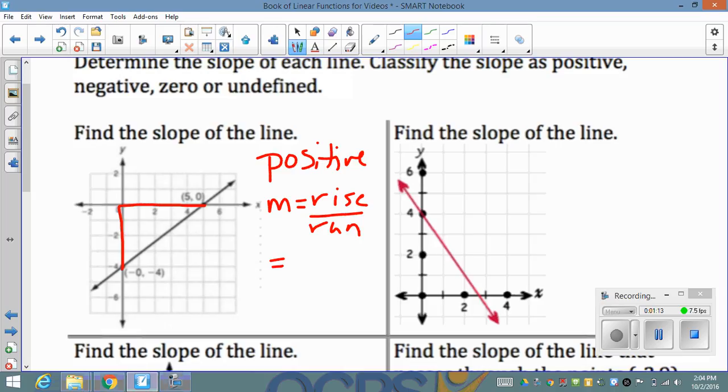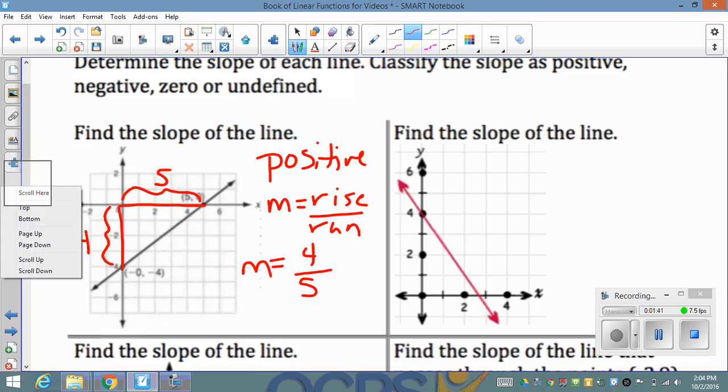So counting from 0, negative 4, 1, 2, 3, 4 up, and then over 1, 2, 3, 4, 5. So this distance here is 4. This distance here is 5. So my slope is 4 over 5. It is positive, which it should be, since my line is rising from left to right.